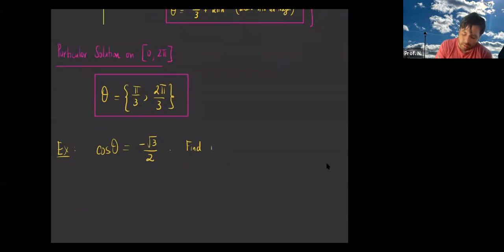I'm gonna do two things. Find the following. Part A will be the general solution. And then part B is the particular solutions on 0 to 2 pi.